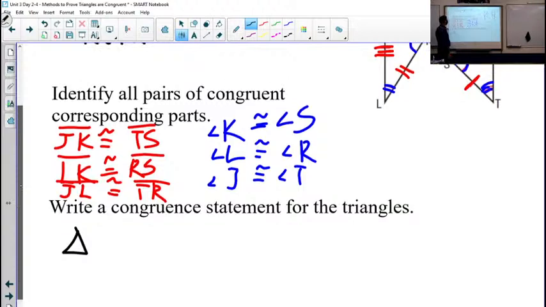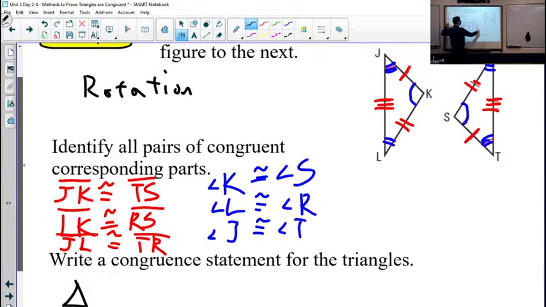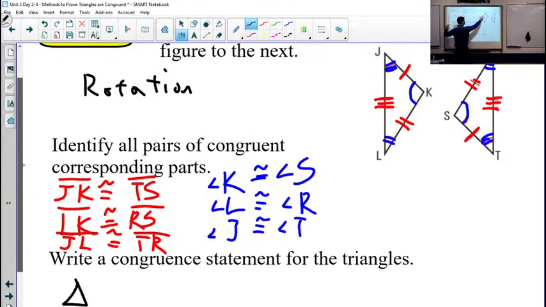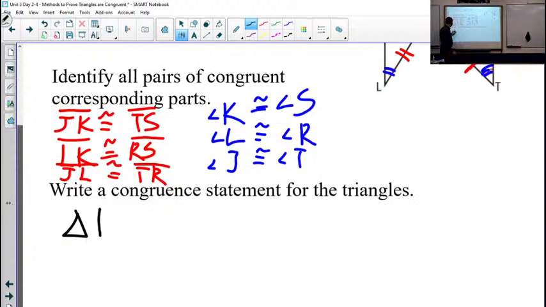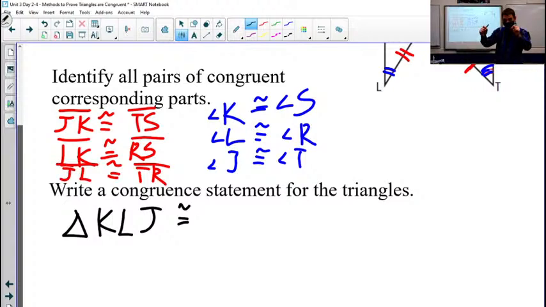I had K first with one tick mark, then L had two tick marks, then J had three tick marks. So I'm going to go K, then L, then J. So I made a choice for the first triangle. But once I have made that choice, that is locked in. And I have to keep my order consistent in the other triangle. So now that I picked K, L, J, I am locked in.